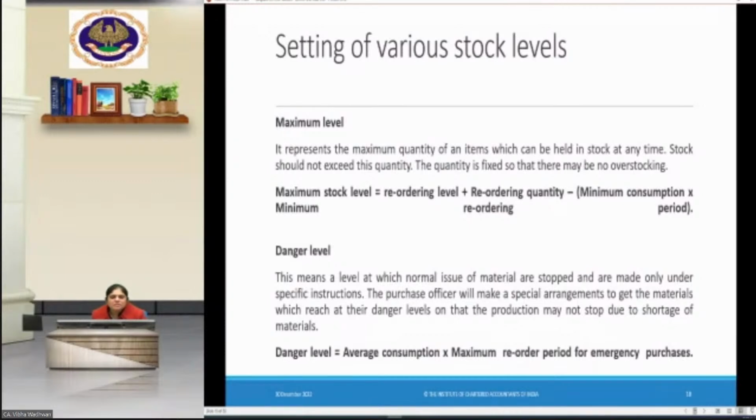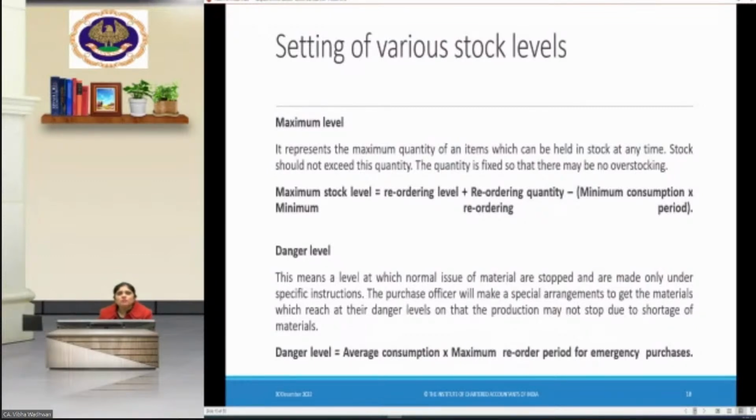Danger level means the level at which the normal issue of materials is stopped and made only under specific instructions. Let us say there is a scarcity of the raw material we use in the market. That raw material is not available, or maybe that supplier has not got enough supplies for us. So now we have reached the danger level.